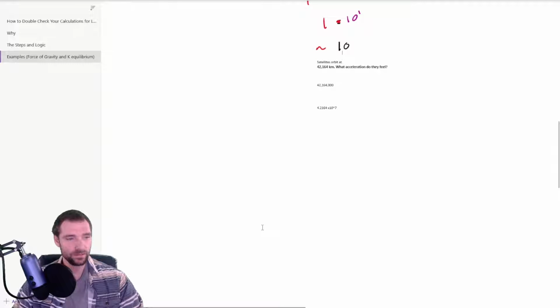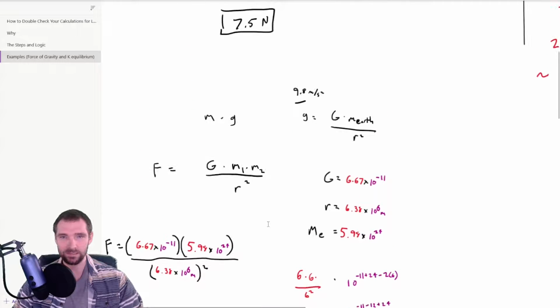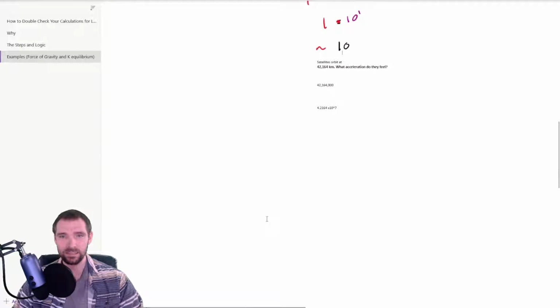You could look at a different one. So let's say that you have the same sort of problem, but now you have a different acceleration. So this acceleration of gravity is going to be slightly different here.